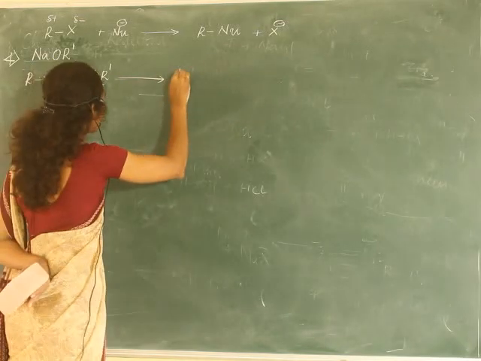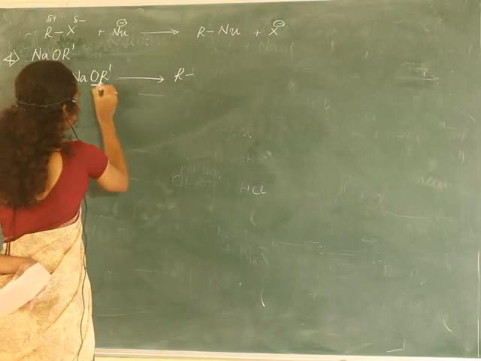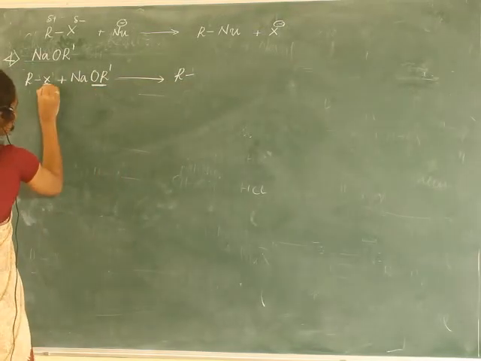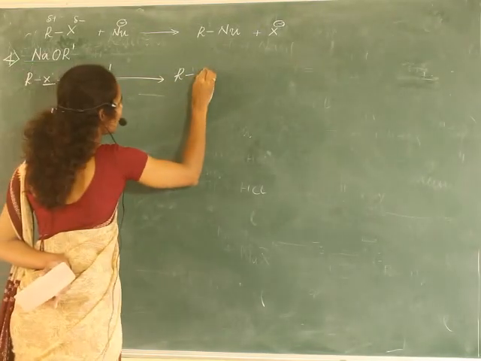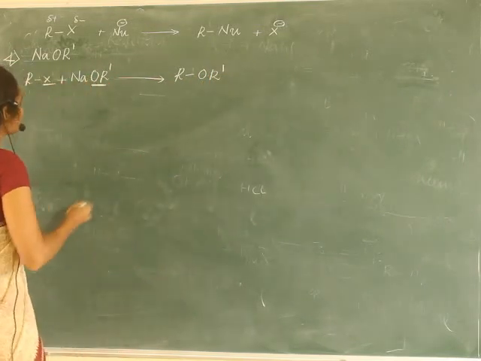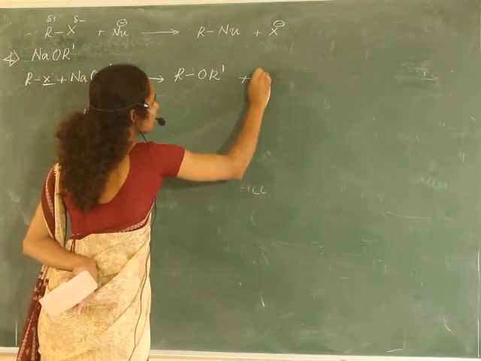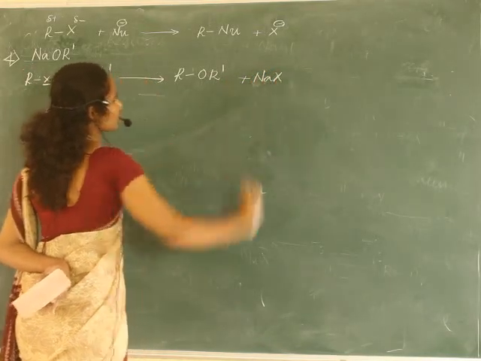Now we will get the product as R O, here OR dash replaces X. Now we will get ROR dash, and the byproduct is NaX, right?